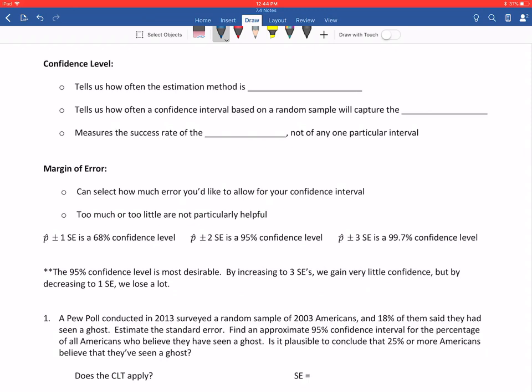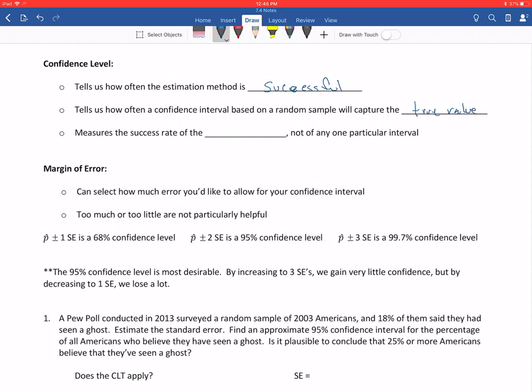Okay, so that confidence level, in that case, that 99.7%, that tells us how often our estimation method is successful. It tells us how often the confidence interval based on a random sample will capture the true value.